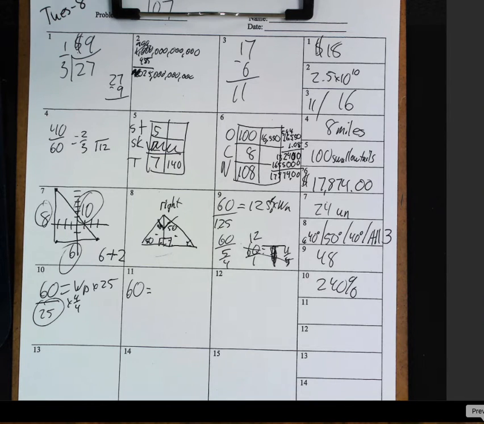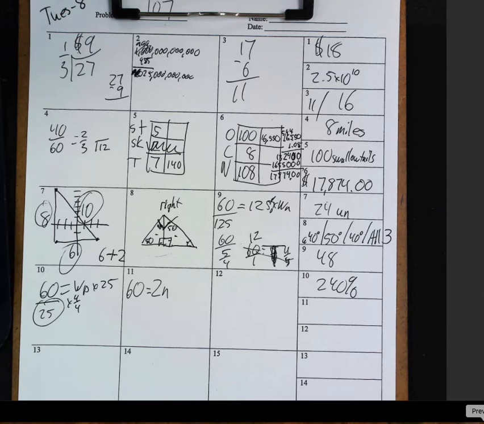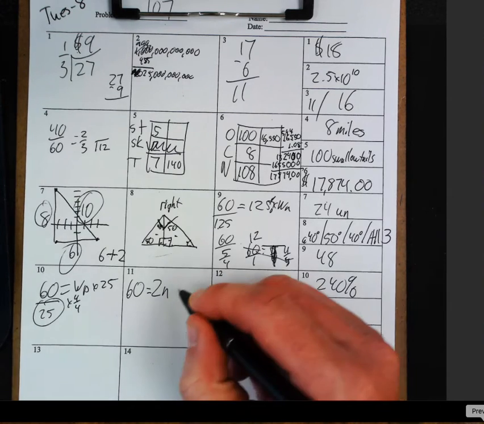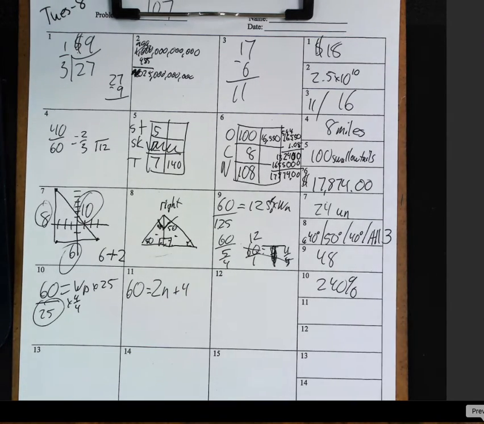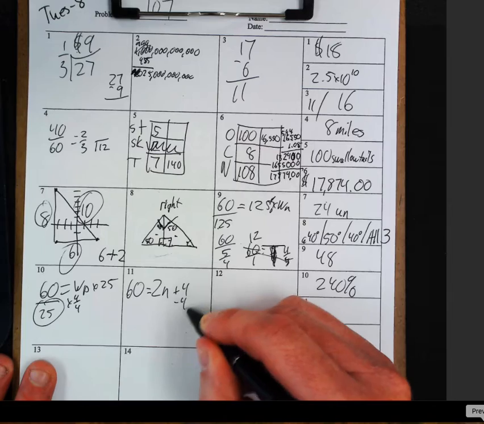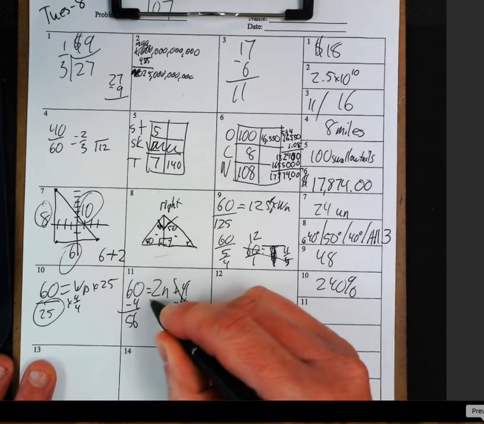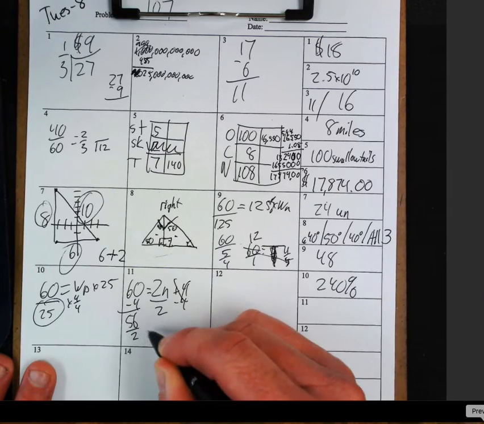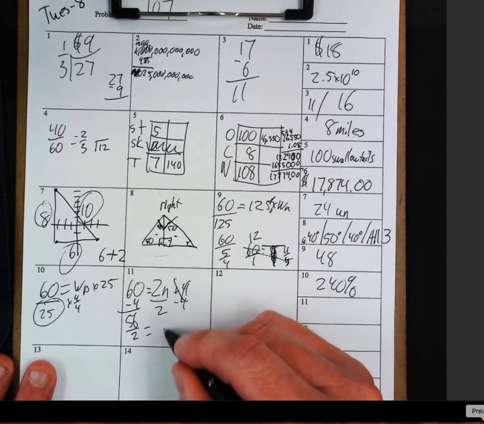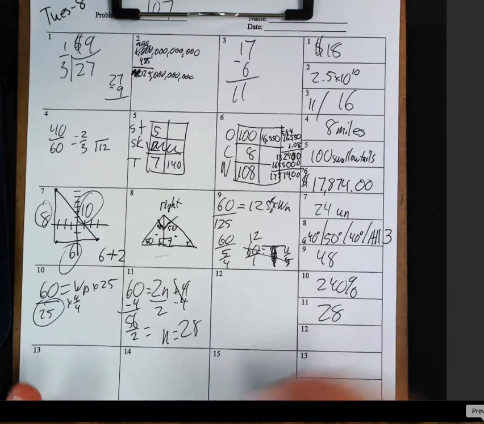So twice would be 2n. 4 more, plus 4. Algebra kicks in. I'll take a person who can do the algebra. I'm going 60 minus 4, which would be 56, and then 56 divided by 2, and we get 28. Okay, so subtract 4 and then divide by 2.